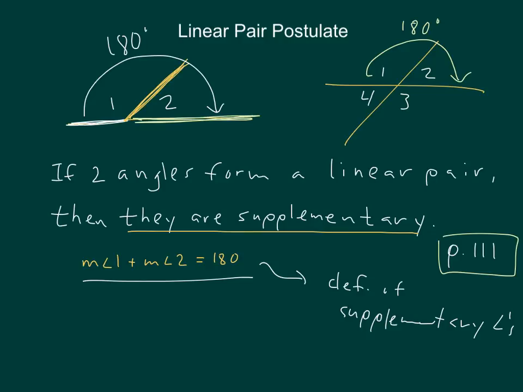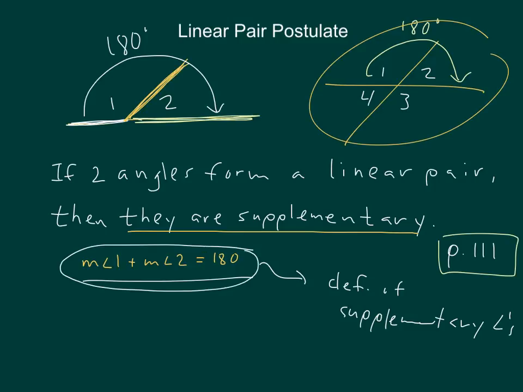When you see a linear pair, like we do here with 1 and 2, or in the other drawing over here, 2 and 3, 3 and 4, 1 and 4, let's automatically be able to say in our proofs that the measure of angle 1 plus the measure of angle 2, or the measure of those two angles, equal 180, and the reason in our proof will be linear pair postulate.